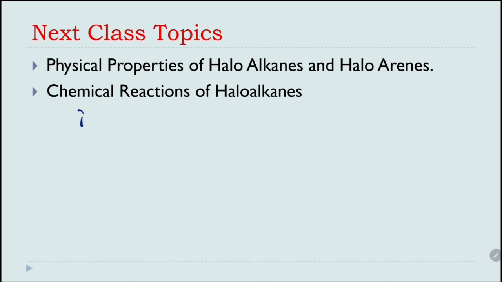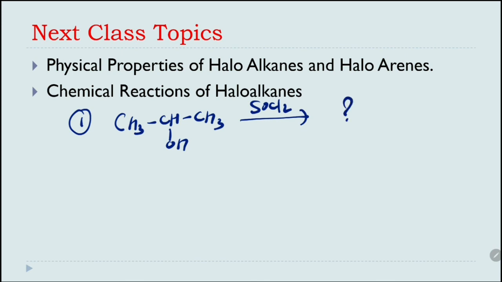Before ending this class I am giving you some examples and you have to solve them. First example, CH3OH with SOCl2. You have to tell me what product will be formed. Again the same substrate, reacting it with PCl3, what will be formed.